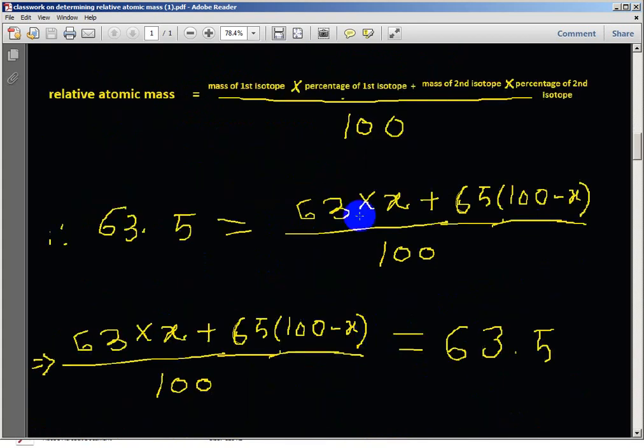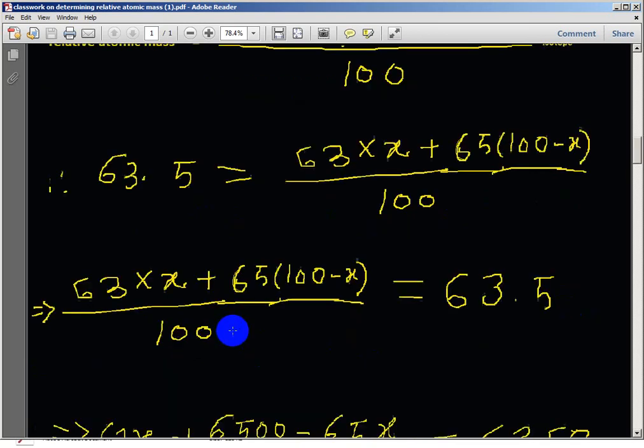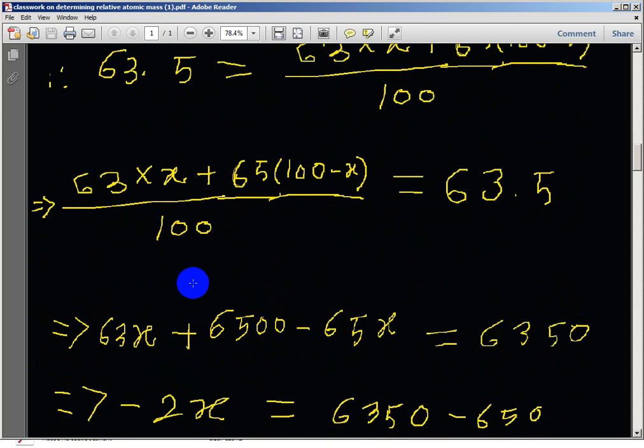So we change sides. The left-hand side we take to the right-hand side, and the right-hand side to the left-hand side. So here 100 into 63.5 into 63, that is 6350, and 63 into x is 63x, 65 into 100 means 6500, and 65 minus x equal to 6500 minus 65x.